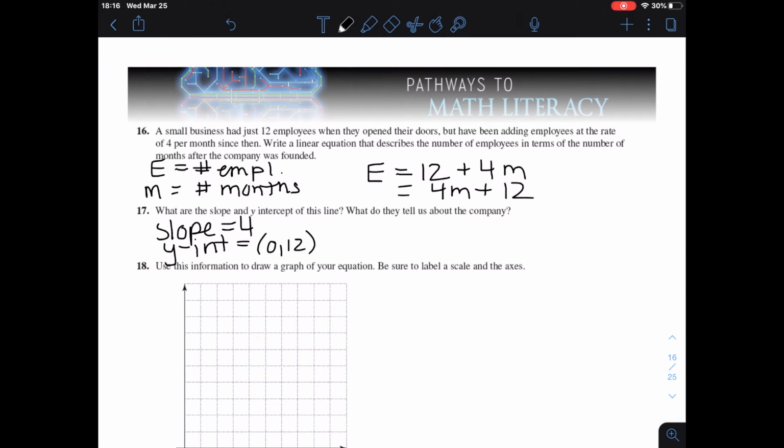Okay? So the slope is telling you that the number of employees increases by 4 per month. And the y-intercept tells us at 0 months, there are 12 employees.